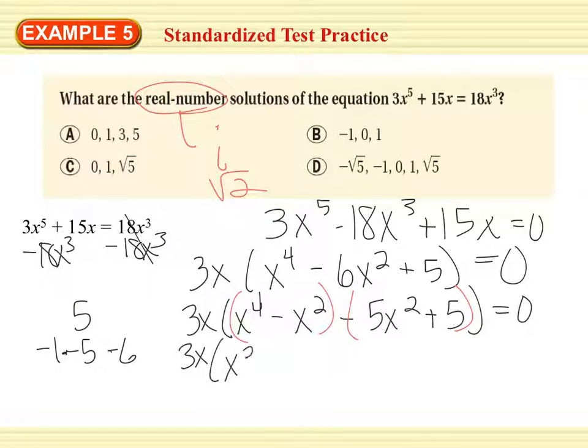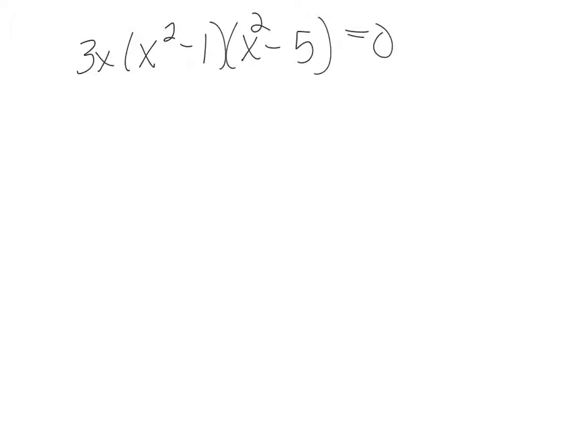I'm going to factor out an x squared, I'm left with x squared minus 1, factor out a 5, x squared minus 1 equals 0. I'm going to a new slide, but you guys are taking notes, so you should be able to follow along. So I factor that, I'm going to get 3x, x squared minus 1, x squared minus 5 equals 0.